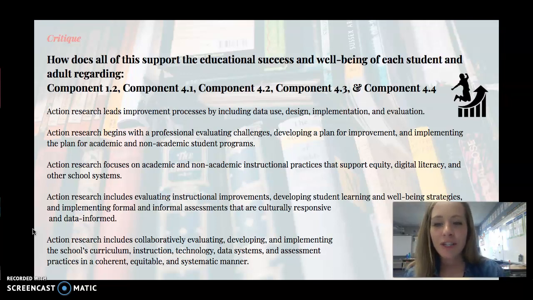This action research focuses on academic and non-academic instructional practices that support equity, digital literacy, and other school systems. It also includes evaluating instructional improvements, developing student learning and well-being strategies, and implementing formal and informal assessments that are culturally responsive and data informed. It also includes collaboratively evaluating, developing and implementing the school's curriculum, instruction, technology, data systems, and assessment practices in a coherent, equitable, and systematic manner.